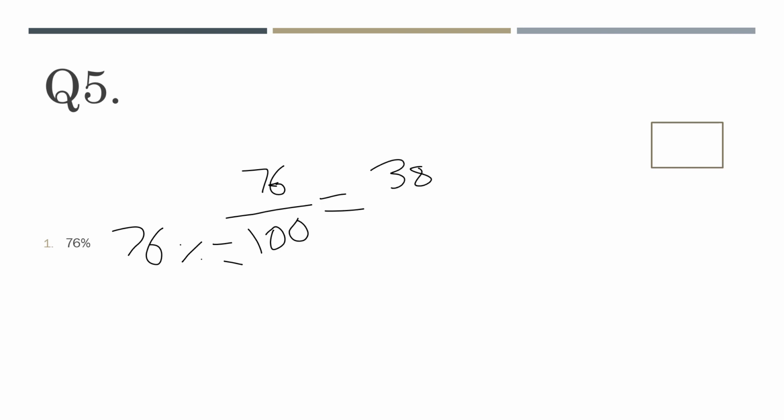Next, let's do our final question. So this one is a percentage to decimal and fraction. How we're meant to do it is: 76%, as we know previously, is 76 by 100, which is, in a simplified format, 70 divided by 2 is 35, plus 6 divided by 2 is 3, so 38 by 50.